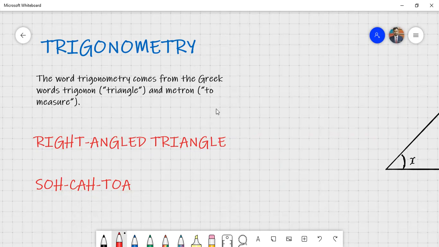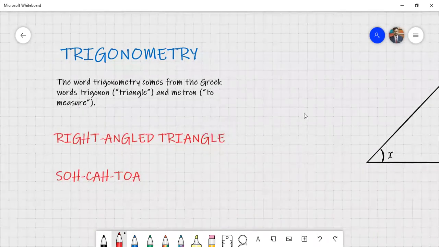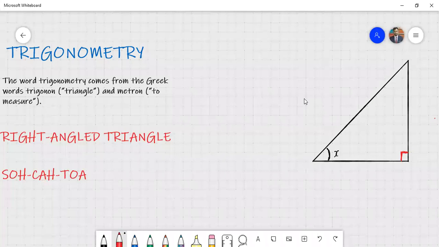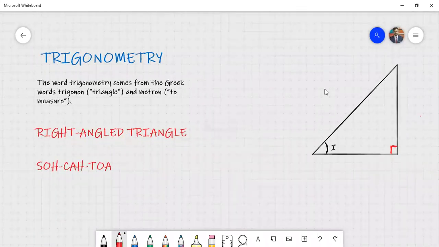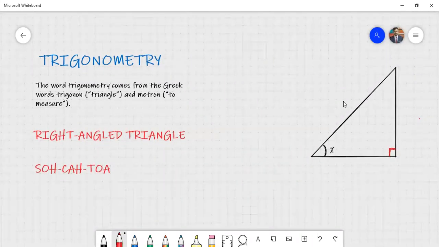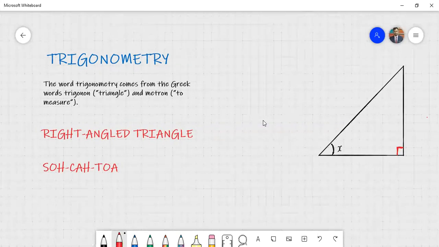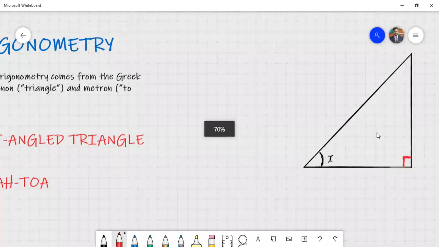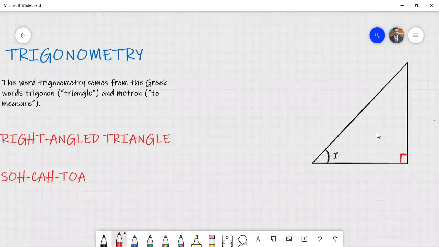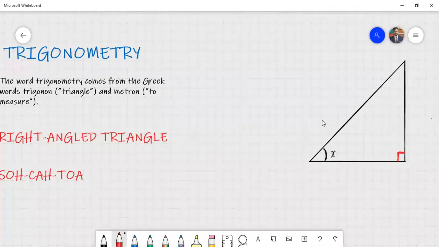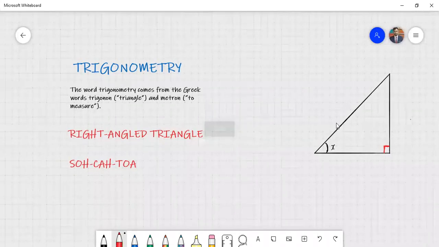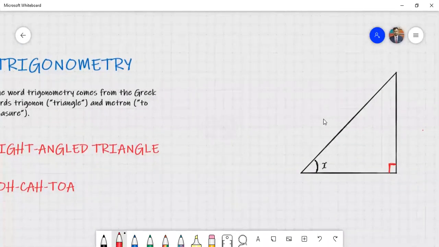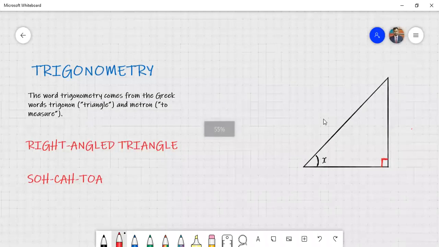Okay, so we are starting from the basics. Look here, this is a triangular shape. Three sides and three angles. I am now putting some letters to define the sides and angles of this triangle.